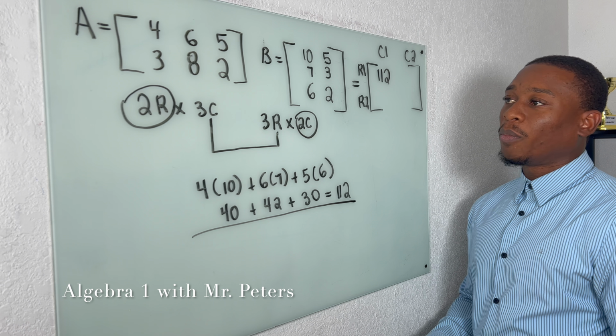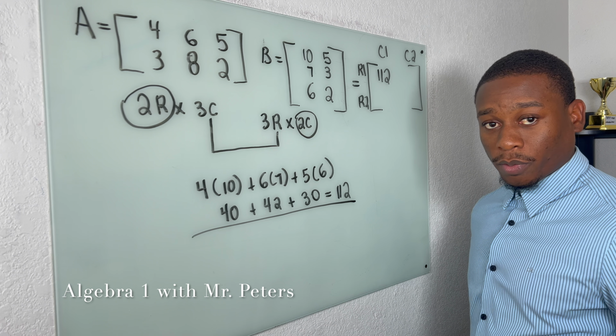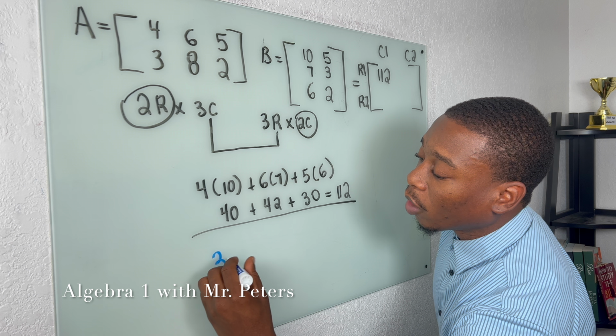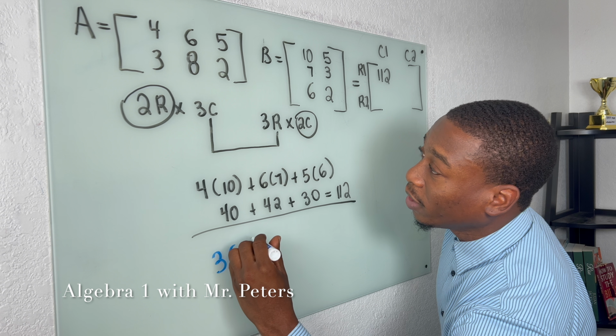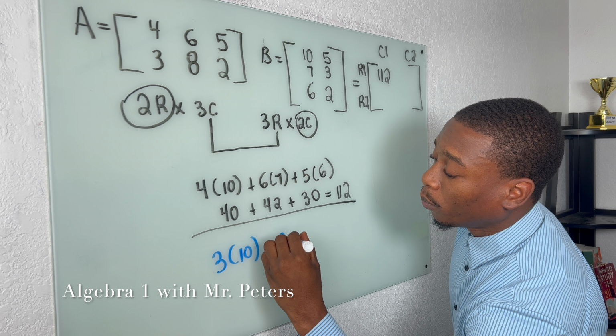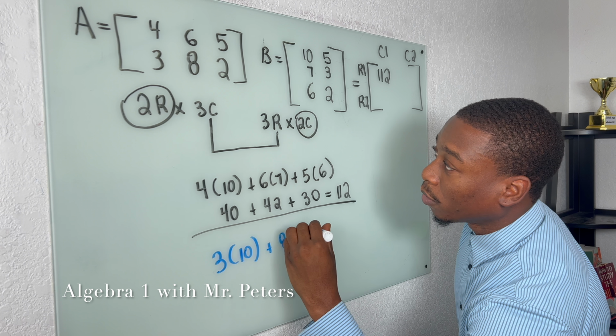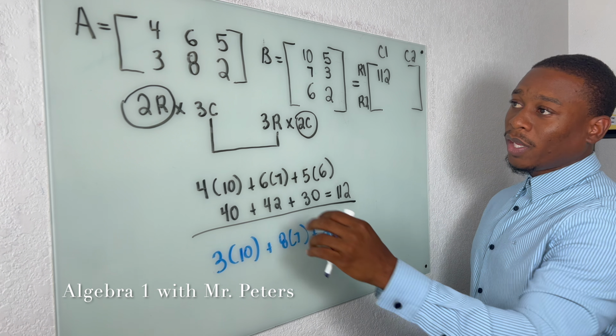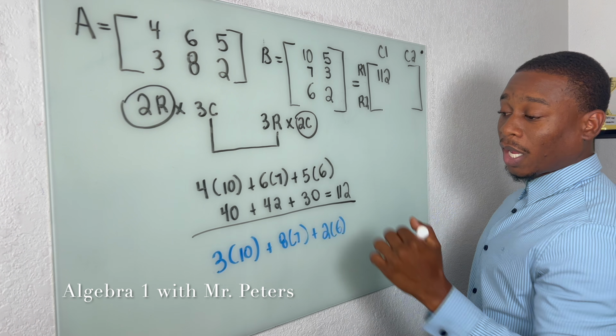Now I'm going to go over to my second row, and we're going to multiply it by the first column. So now we go back and we repeat the process. 3 times 10 plus 8 times 7 plus 2 times 6. So basically, we're just going row times column.